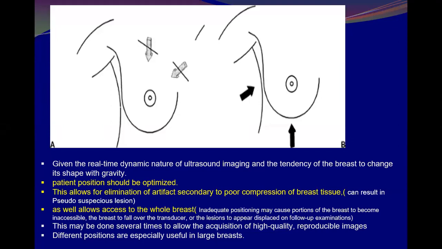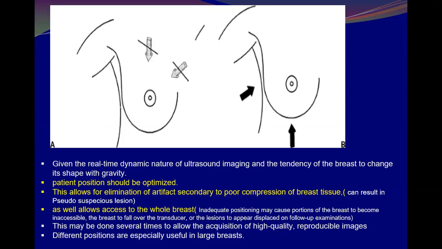Optimization of patient position is essential. Why is it essential? We need to put the breast in a position where it can be compressed, thinned out, to avoid artifacts and pseudo lesions.